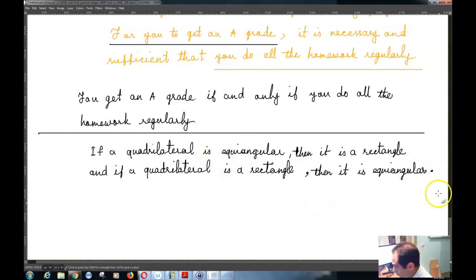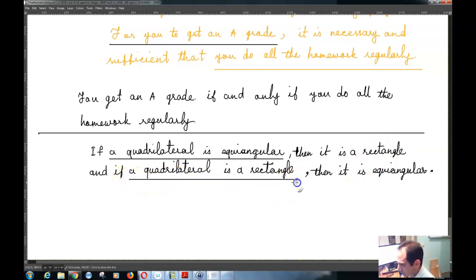So we have basically two main statements here. If a quadrilateral is equiangular, then it's a rectangle, and if a quadrilateral is a rectangle, then it's equiangular.